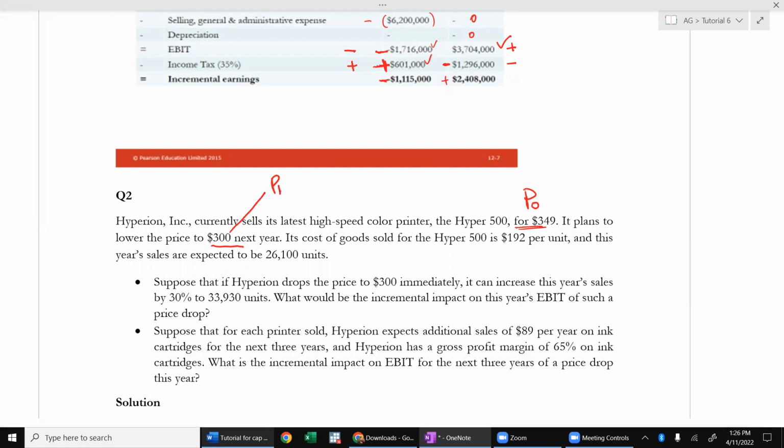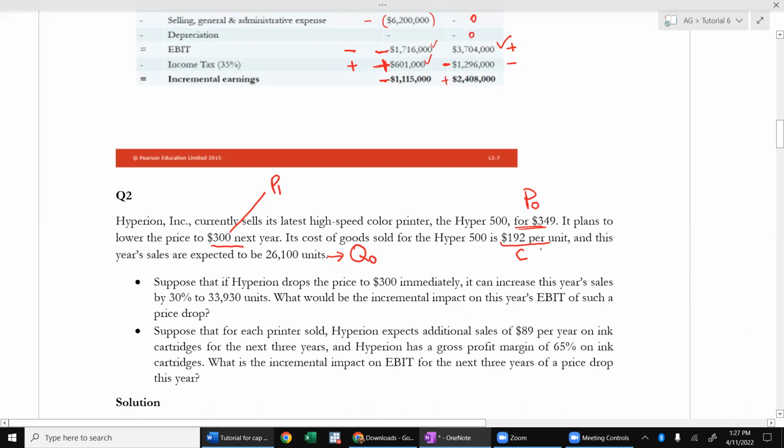Its cost of goods sold for the Hyper 500 is 192. So this is the cost of goods sold, this is C. And this year's sales are expected to be 26,100. So quantity 0 means this year, and 1 means next year. But remember that I'm not writing C0 or C1.